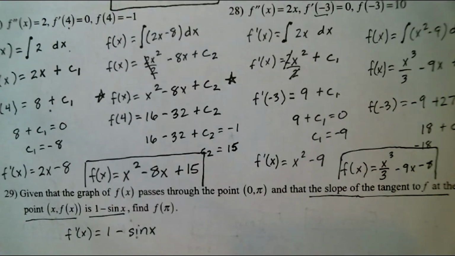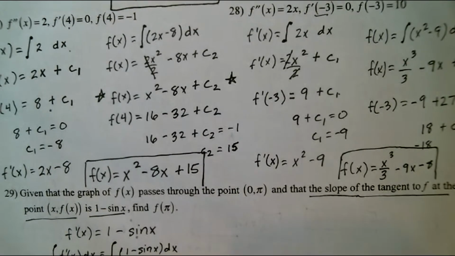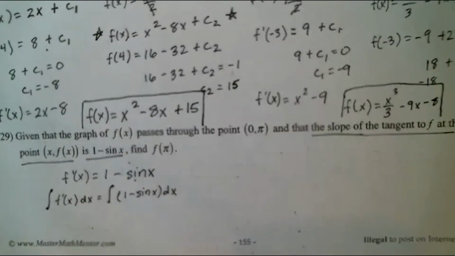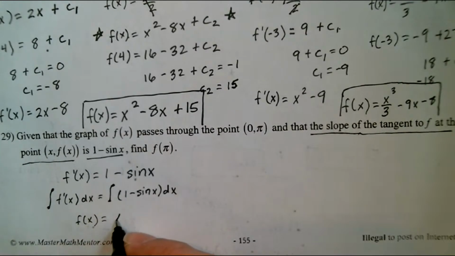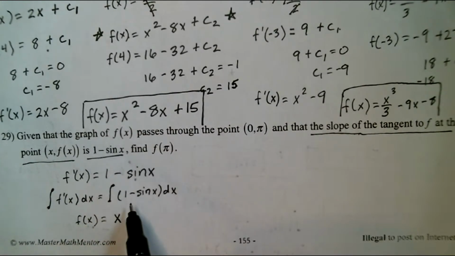Okay. So then from there, I just do the integral of both sides. From here, I'd get f of x is equal to x, and then sine.